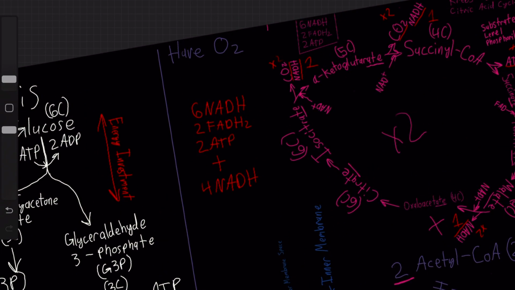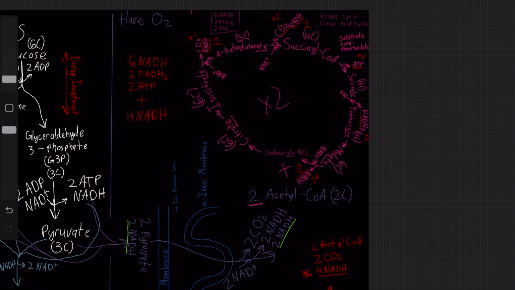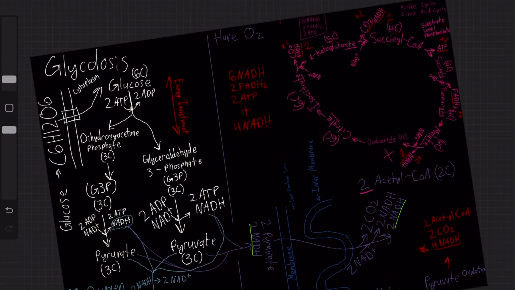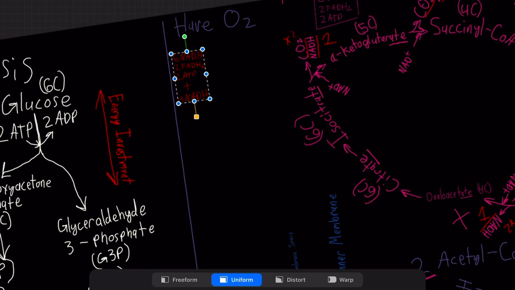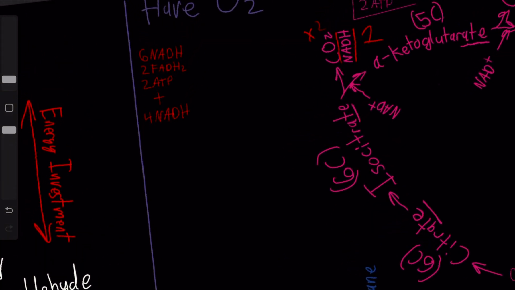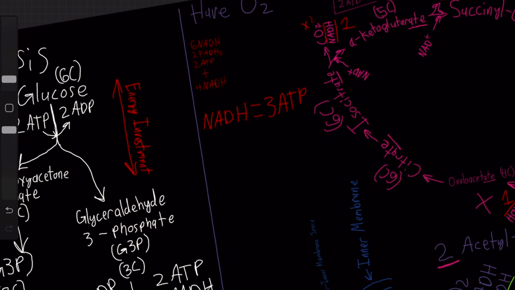A good thing to remember is: 1 NADH yields 3 ATP, and 1 FADH2 equals 2 ATP.